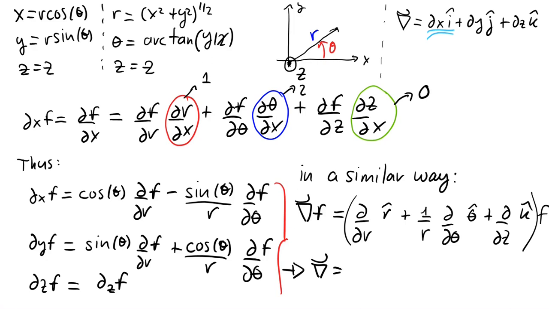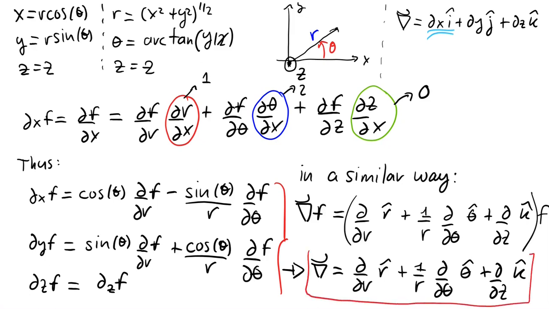Thus, the final expression for the gradient in cylindrical coordinates is given by the expression. Thus, the most important forms of the gradient you will encounter, at least most of the time, are in Cartesian, cylindrical, and spherical coordinates. By no means are you expected to memorize them, but it is convenient that you at least know how to get them.